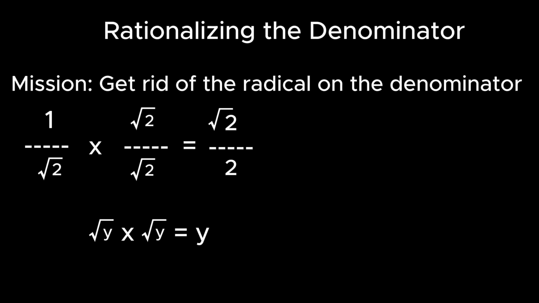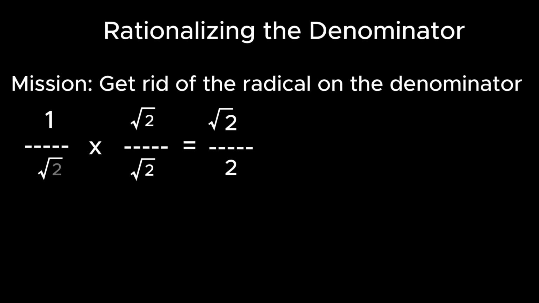So square root of 2 times square root of 2 is just 2. And you see how all we're doing is essentially multiplying this expression by 1, because square root of 2 divided by square root of 2 is just 1. All we're trying to do is alter this expression a little bit so that it is a bit more clear.